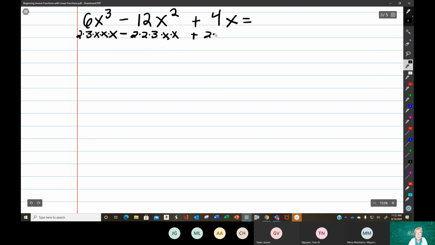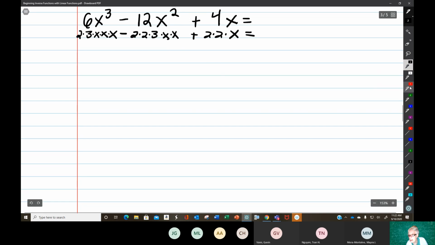Plus 2 times 2 times x. All right, now I can clearly see what these three terms have in common. This, incidentally, is a cubic trinomial. Trinomial because there are 3 terms, cubic because the highest power is 3.